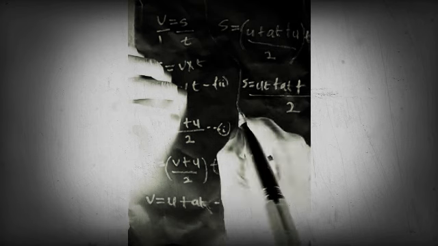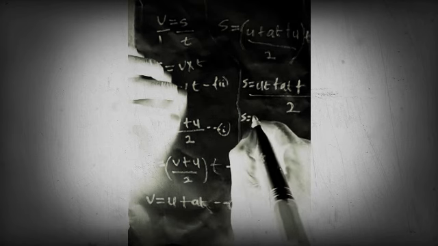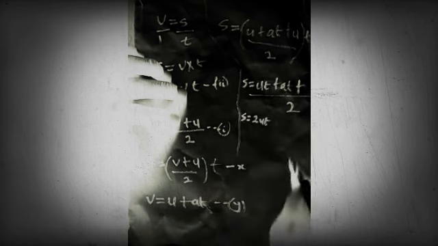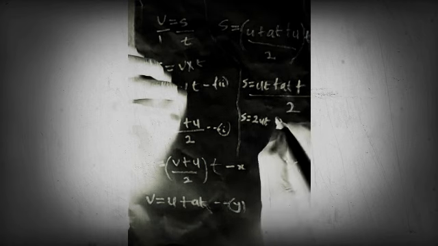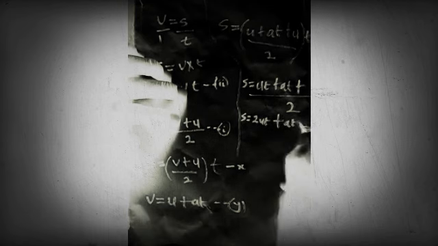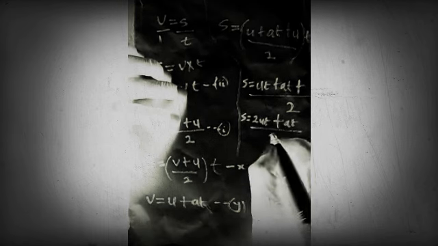From here, UT plus UT will give you 2UT. S now is equal to 2UT plus another AT here, that is plus AT, everything all over 2.